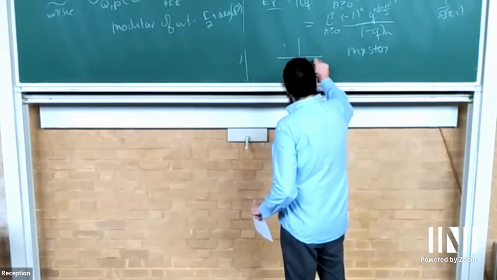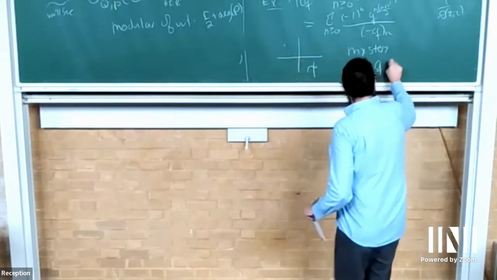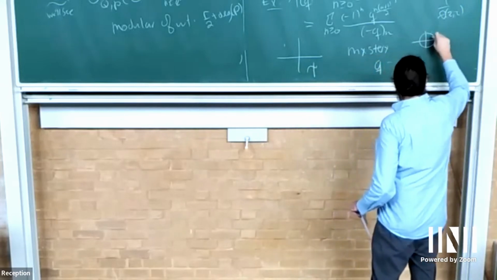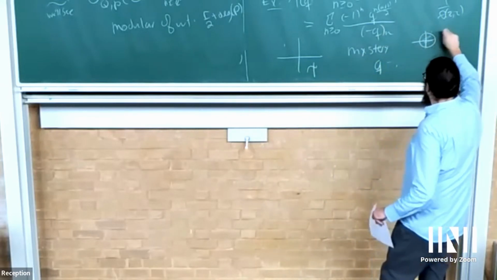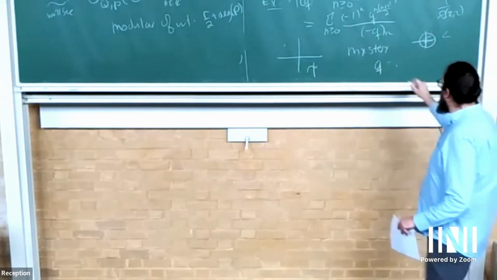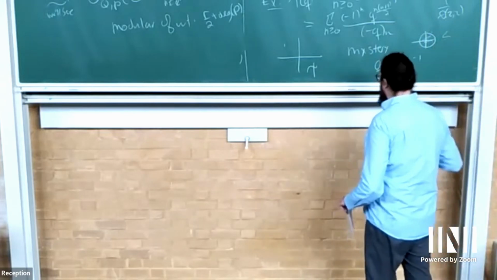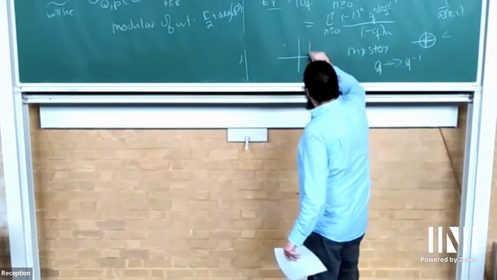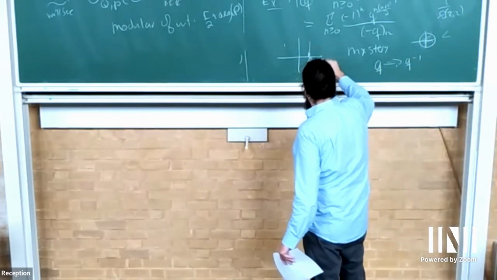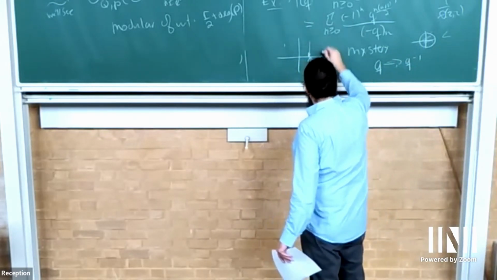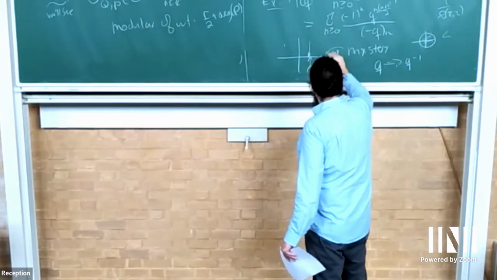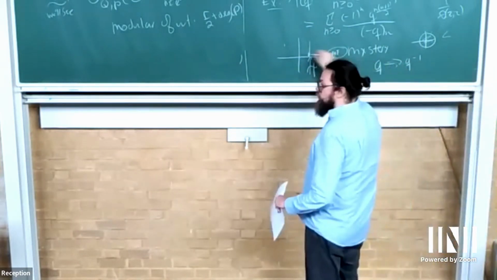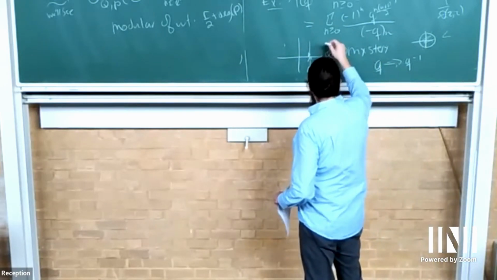Anyway, there's a relation between inside and outside. If you think about the disk model with q, the upper half plane is inside the disk, the lower half plane is outside the disk, and there's the weird mystery relating q going to q inverse, which is like going from the upper half plane to the lower half plane. And then there are these things called quantum modular forms you may have heard about, which have some remnants of modularity, but they live on the boundary of the upper half plane.